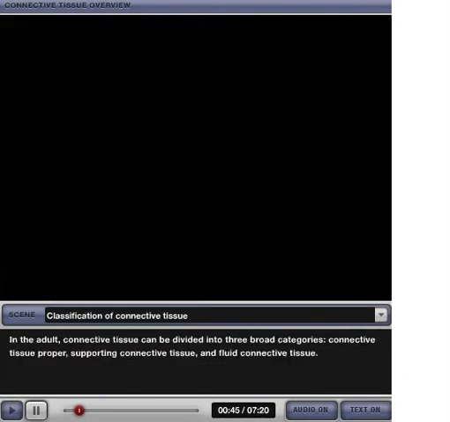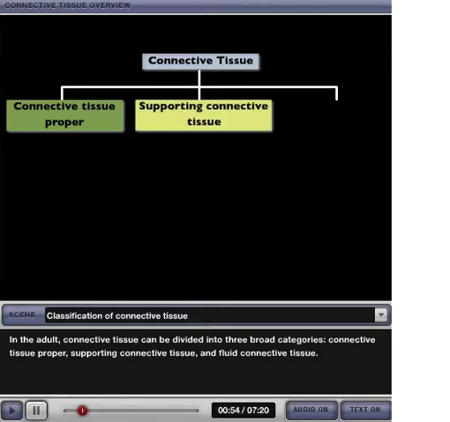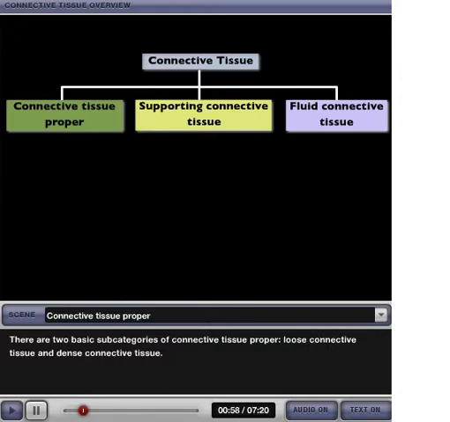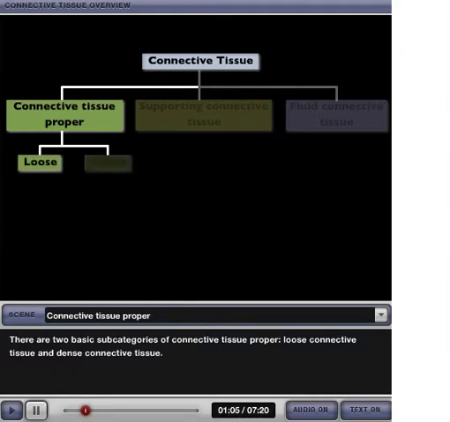In the adult, connective tissue can be divided into three broad categories: connective tissue proper, supporting connective tissue, and fluid connective tissue. There are two basic subcategories of connective tissue proper: loose connective tissue, and dense connective tissue.